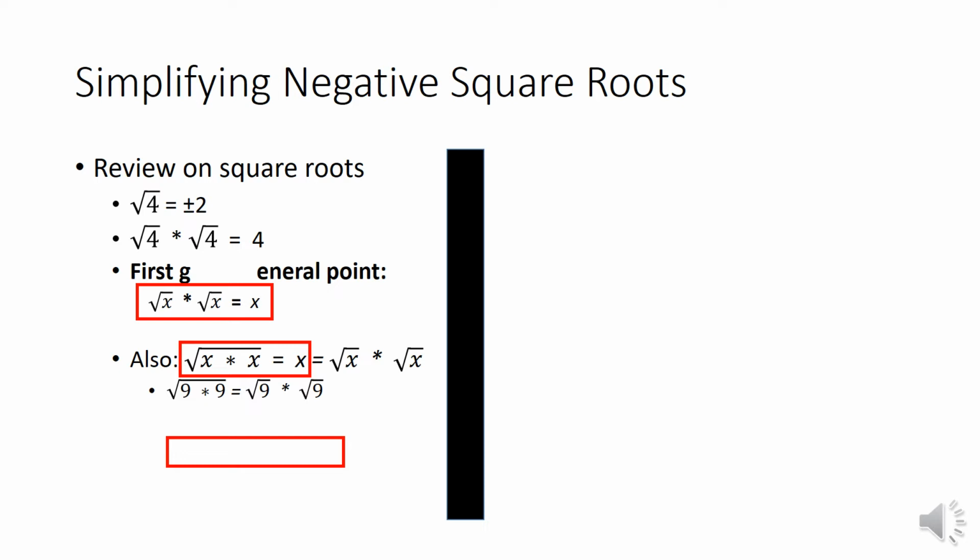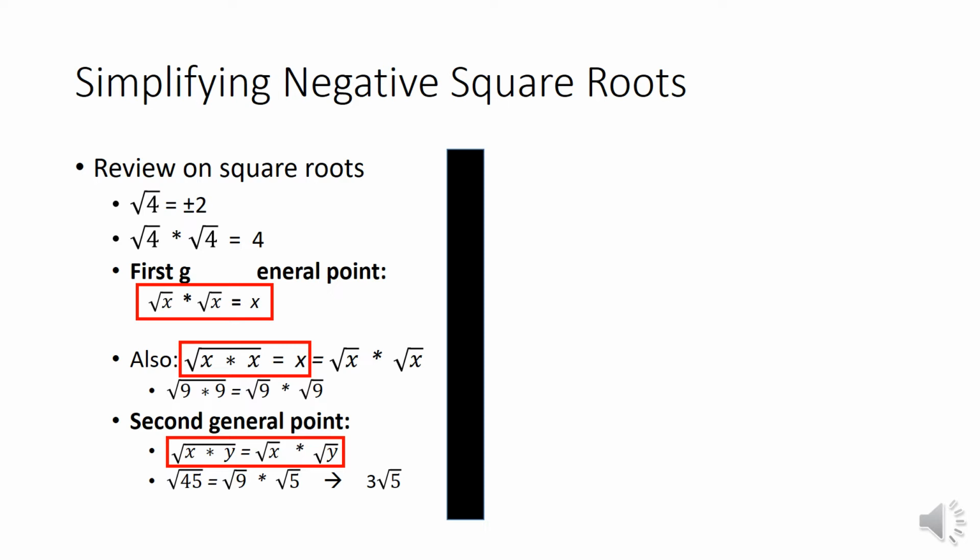And this is going to bring me to my important second general point, which is that the square root of x times y, and remember x can be any number, y can be any number, is just equal to the square root of x times the square root of y. And so, for example, square root of 45.